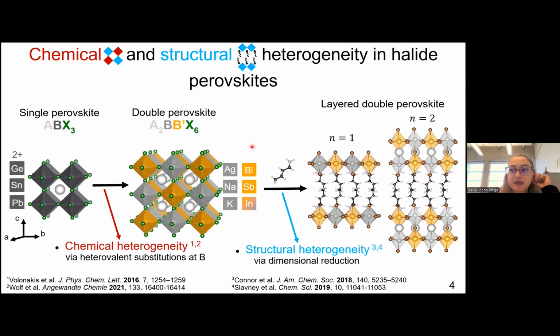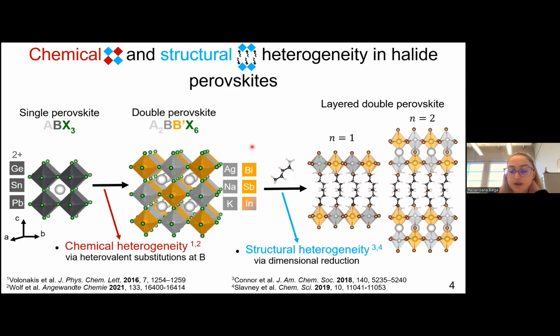And now, since we see that those are highly heterogeneous materials, the next question is how does all this heterogeneity impact the excitonic properties? This is the underlying question that we try to solve in our group.